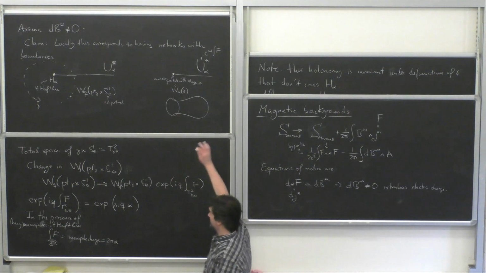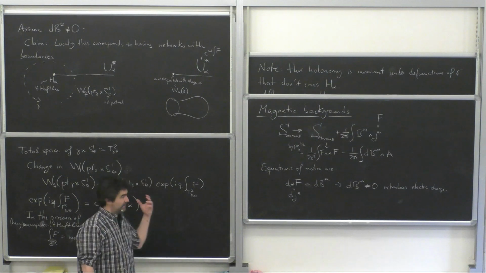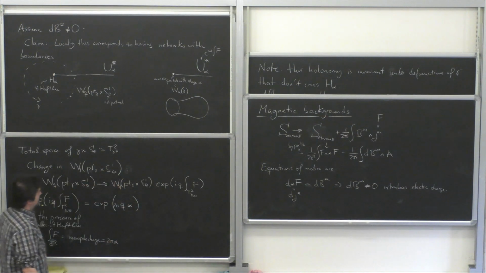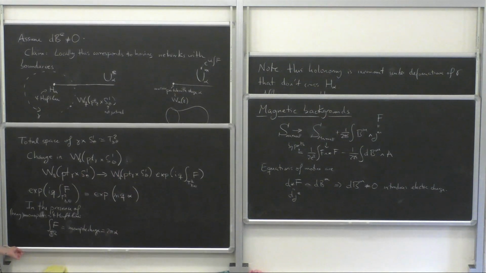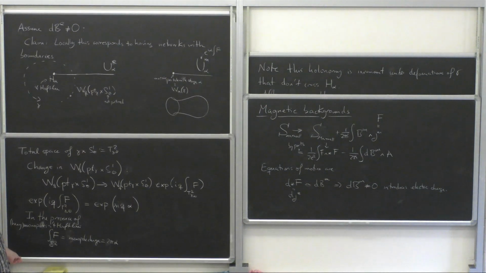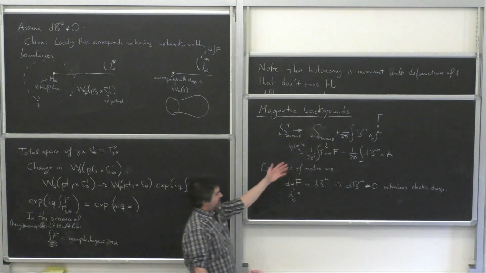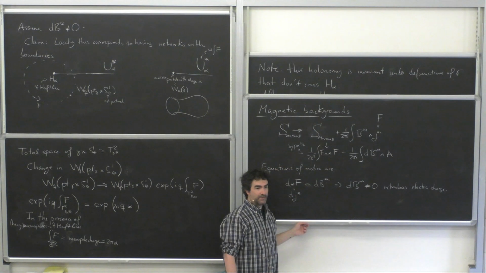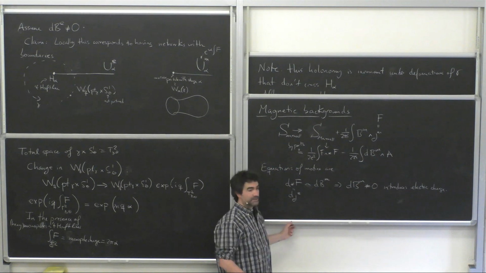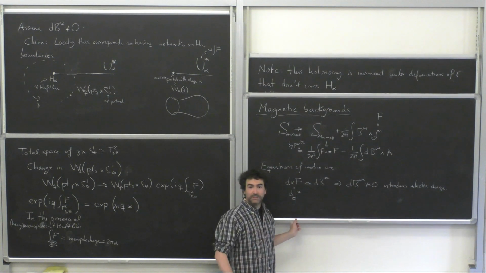So here we had to do some contortions to argue the same statement for the dual case. I was arguing that the introduction of dB_E amounts to introducing monopoles. Here in a couple of lines, I could prove that the introduction of dB_M introduces electric charge, massive electric charge.